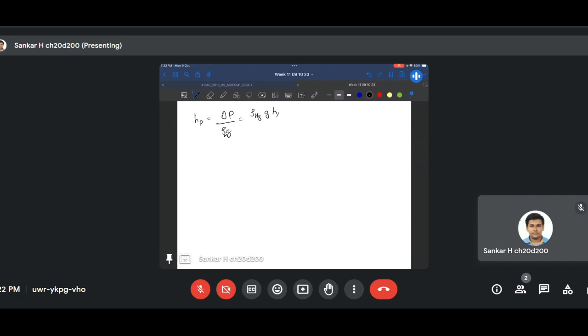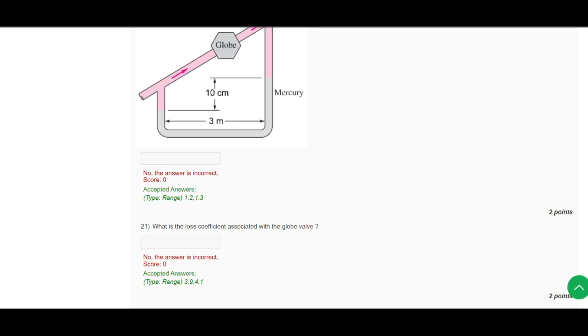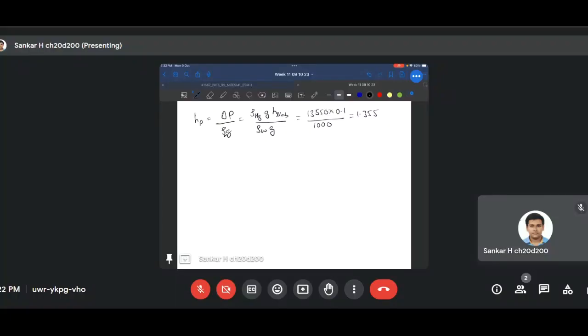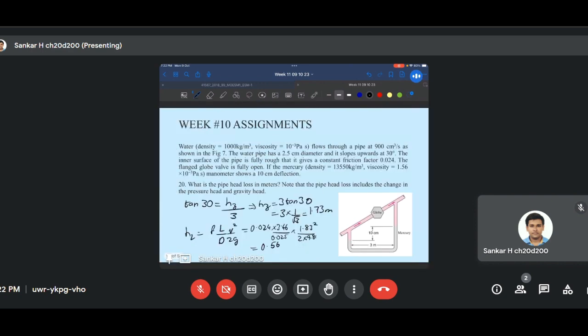Let's just call that height Lm, divided by rho W times G. So this would be 13,550 times 0.1 by 1000, which is 1.355 in meters.